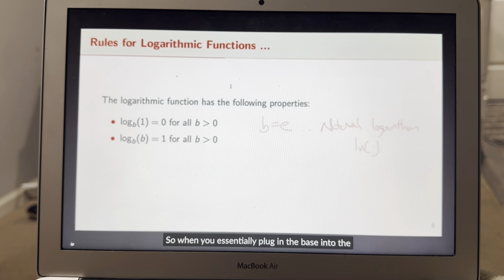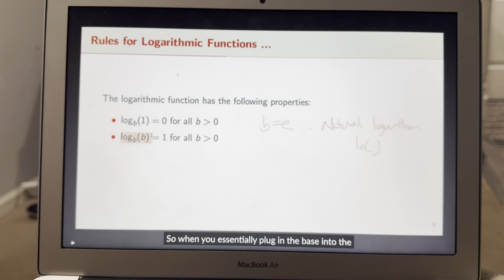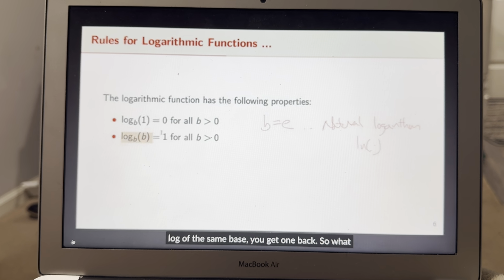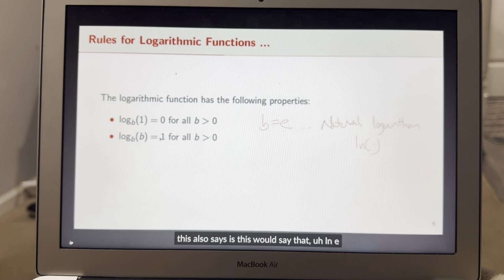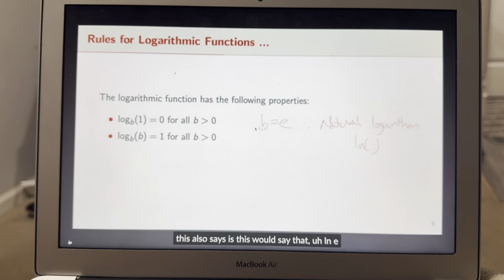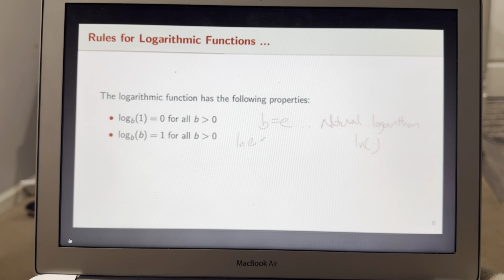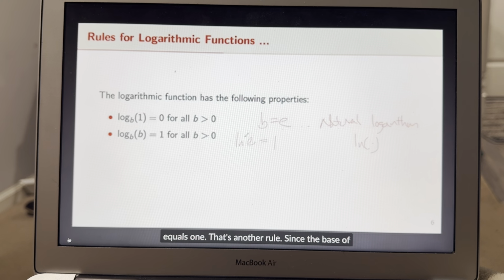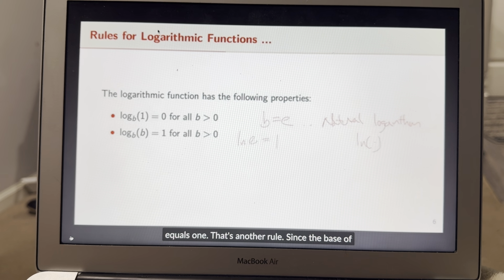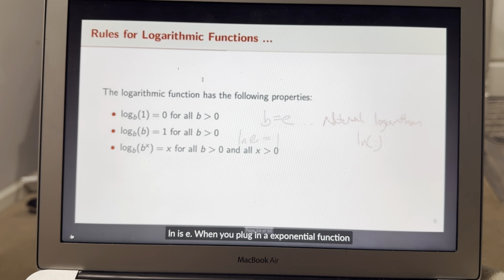When you plug the base into the log of the same base, you get 1 back. So this also says that ln e equals 1, since the base of ln is e.